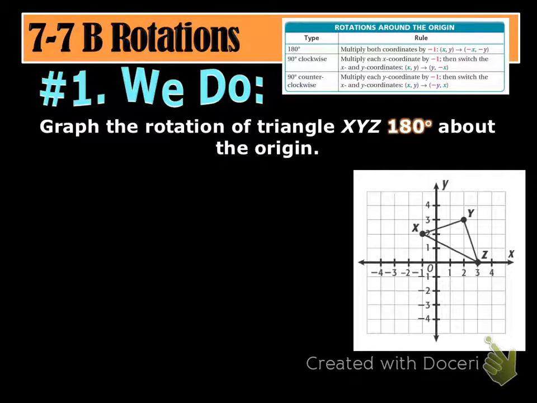So let's look at this example. Number 1 asks us to graph the rotation of triangle XYZ 180 degrees about the origin. Okay, the first thing you're going to need to do is to figure out where is X, Y, and Z. Well, X is -1, +2, Y is +2, +3, and Z is 3, 0.